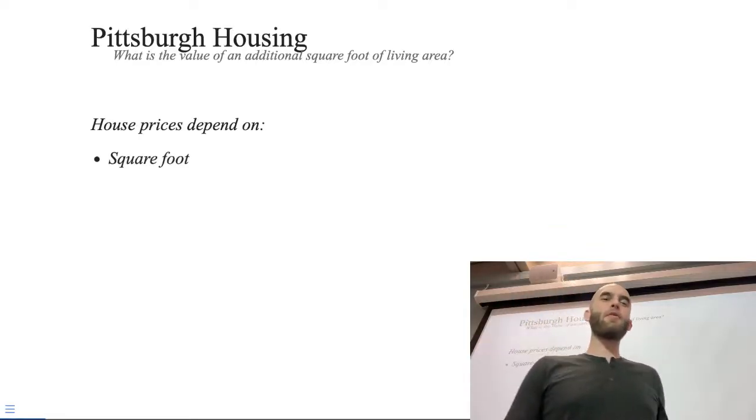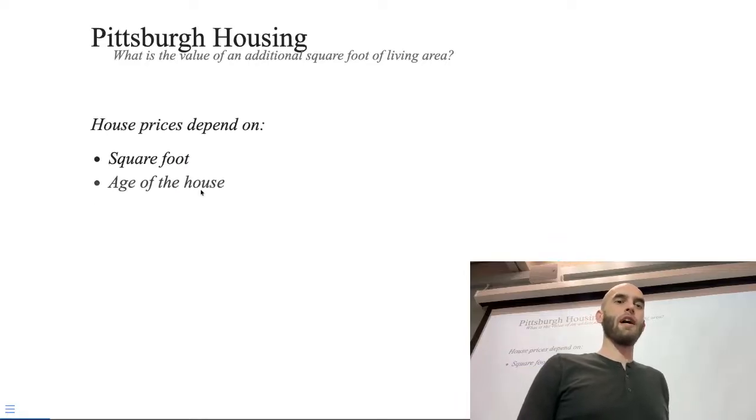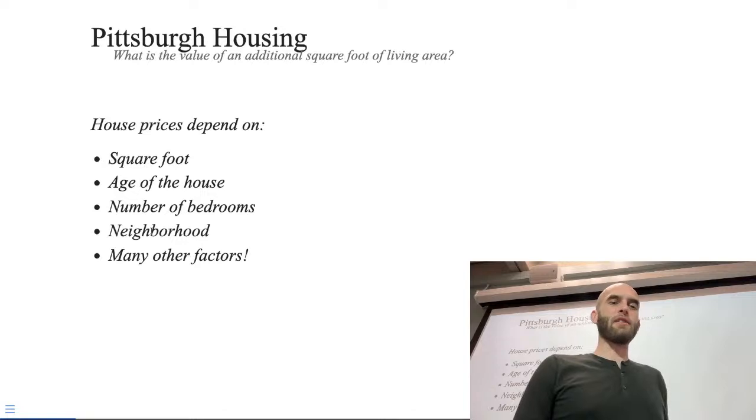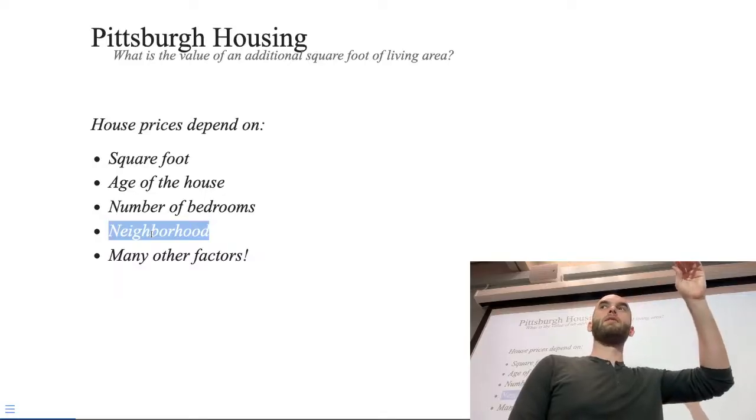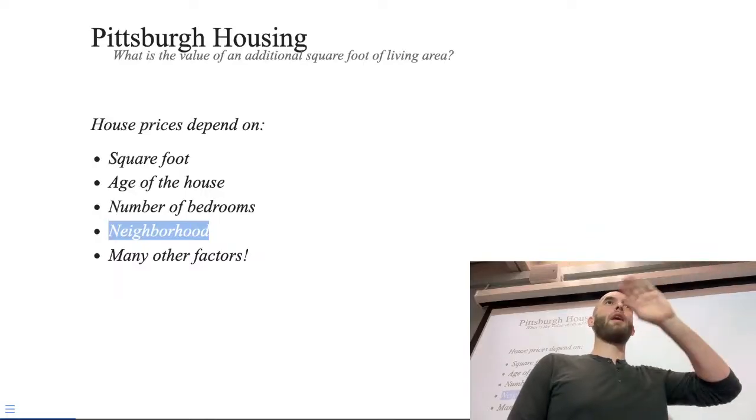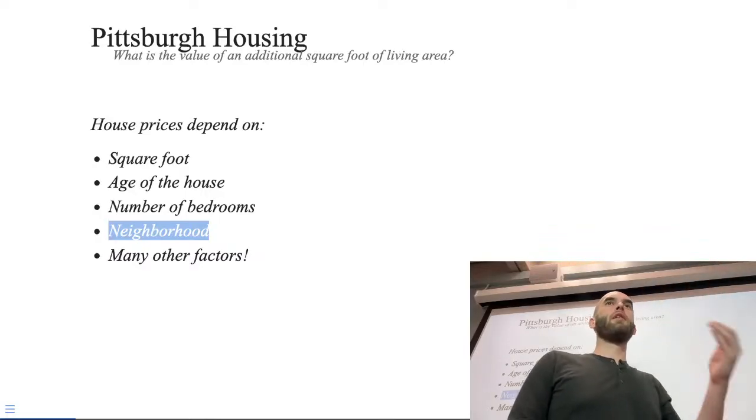And the problem we're going to run into is that housing prices depend on a lot of things. First off, we have square foot, age of the house, number of bedrooms, where the house is. If you live in Oakland or Shadyside or Squirrel Hill, Highland Park, these are areas with expensive houses simply because of their location.